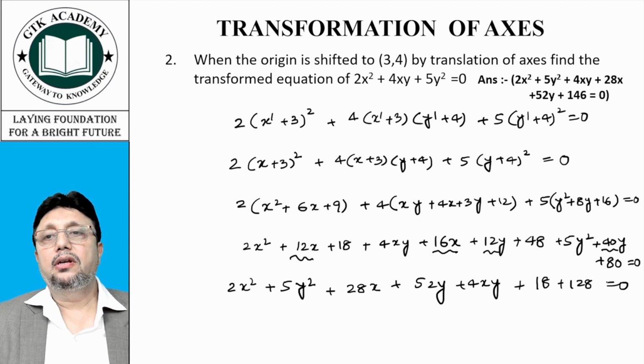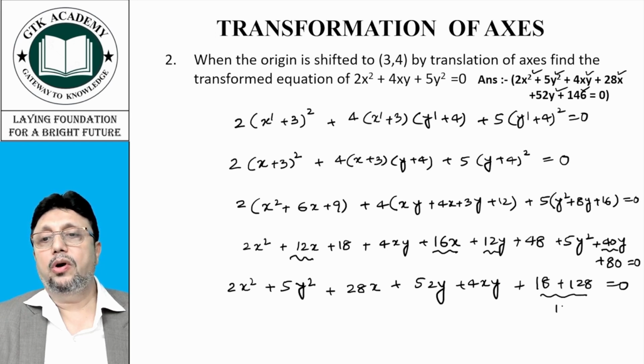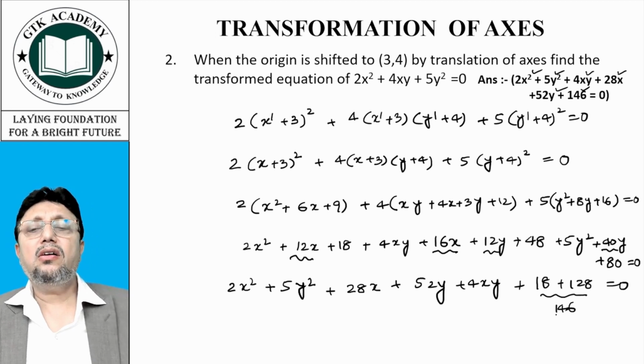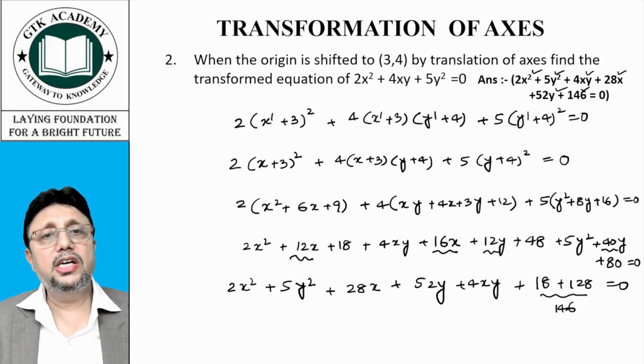So what's our answer? The answer is 2x square plus 5y square plus 4xy plus 28x plus 52y plus 146. If you add those, 18 plus 128, it comes to 146. So this is the changed equation of this curve. So I think you must have got a fair idea as to how to find the new coordinates and how to find the changed equation, the new equation.